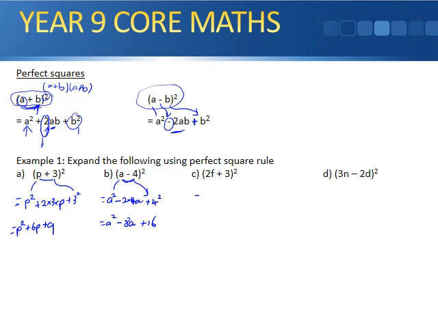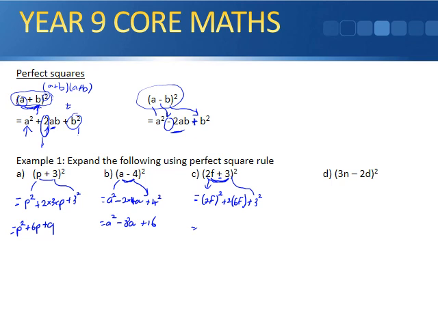It doesn't matter if there's numbers involved or whatever, we do exactly the same thing. This is the plus, so we're going to use this first one over here. So square the first one. Now put brackets around it, 2f all squared, because the whole thing is squared, plus 2 times 2f times 3. So 2 times 3 is 6f, plus the 3 squared.